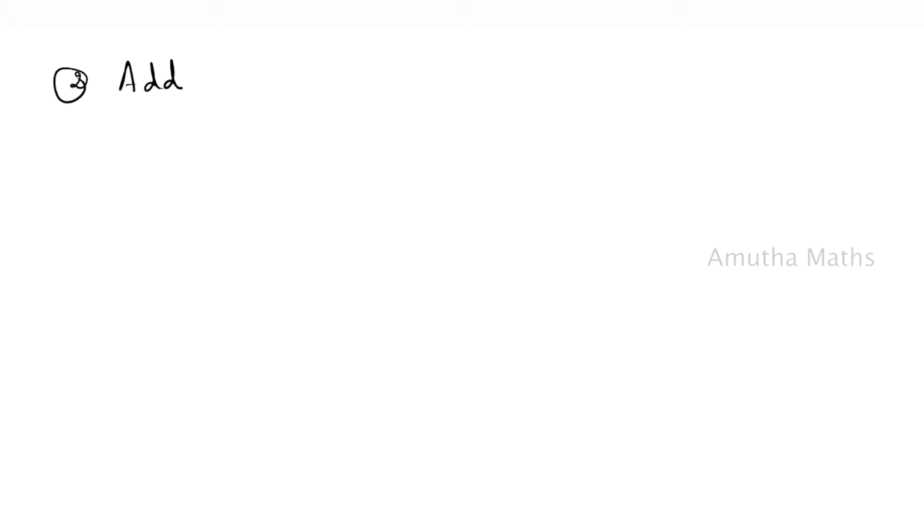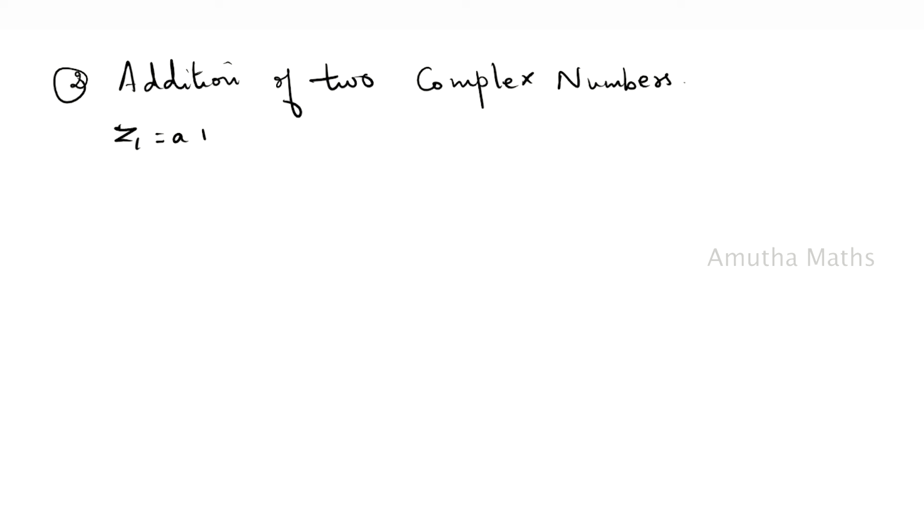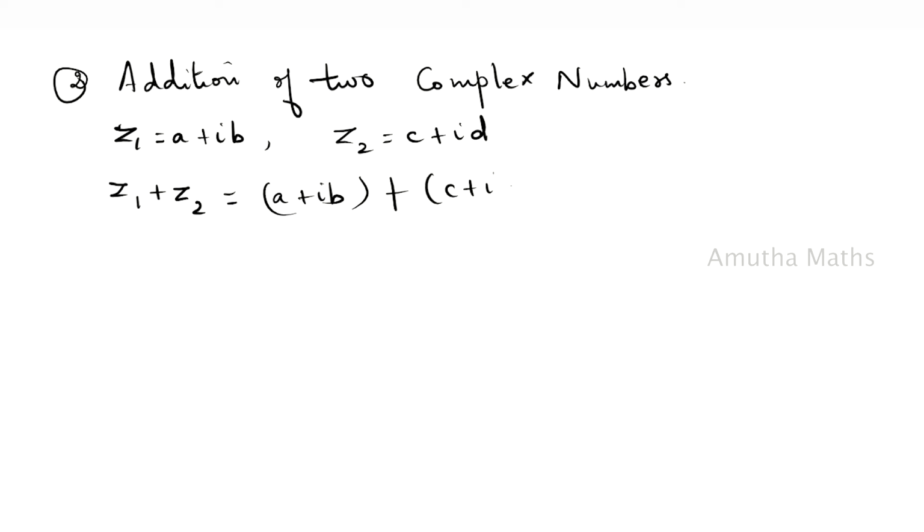So addition of complex numbers. ரெண்டு கலப்பு எண்களை எப்படி கூட்டலாம் அப்படின்னு பார்ப்போம். Okay. Z1 is equal to a plus ib and Z2 is equal to c plus id, another complex number. So we are going to add these two complex numbers. Z1 plus Z2 is equal to a plus ib plus c plus id.